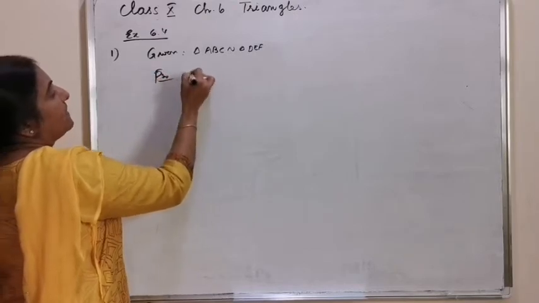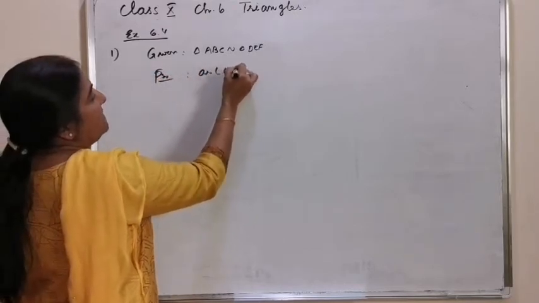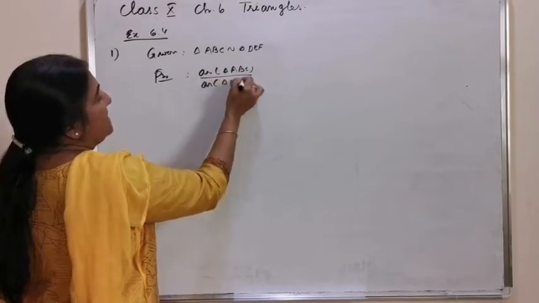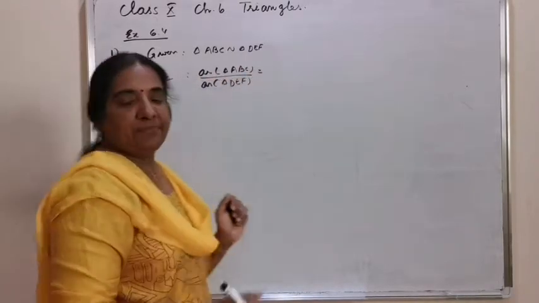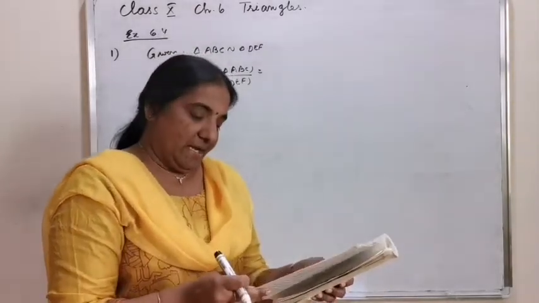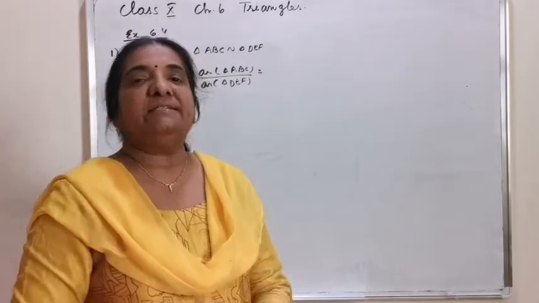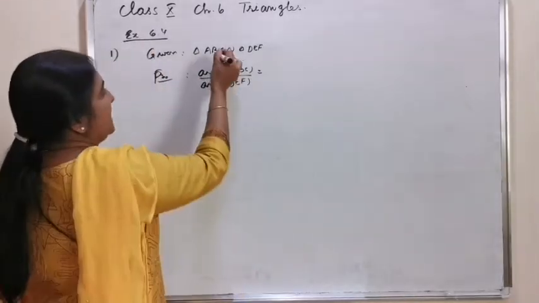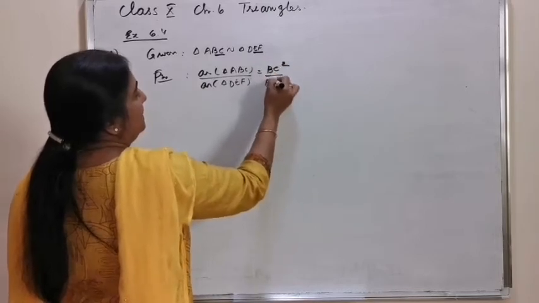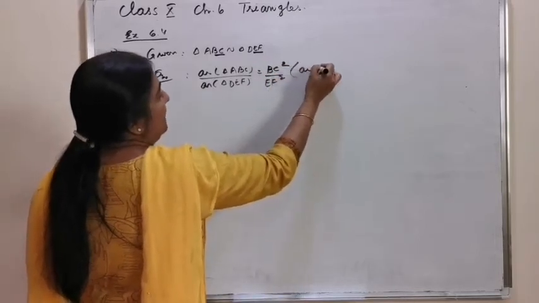Proof: area of triangle ABC divided by area of triangle DEF is the same as any pair of proportional sides squared. They have mentioned EF and BC, so we take BC squared by EF squared. This is the area theorem.